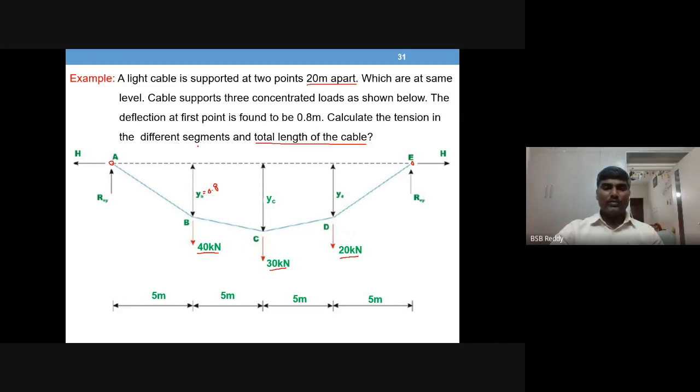Calculate tension in different segments, meaning TAB, TBC, TCD, TDE. If you want to solve for TAB, TBC, TCD, TDE, inevitably you must solve for HA, HB, and VA, nothing but RAY, and VE, nothing but REY.